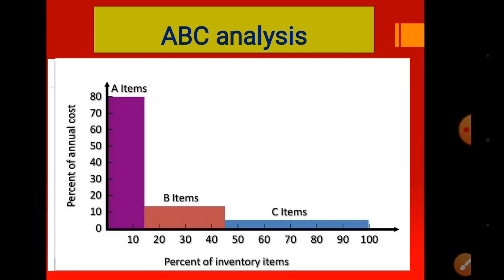But in case of C items, the percentage of inventory items or inventory units, the count, is high, but the percentage of annual cost is low. We can understand the ABC analysis clearly by this graph.